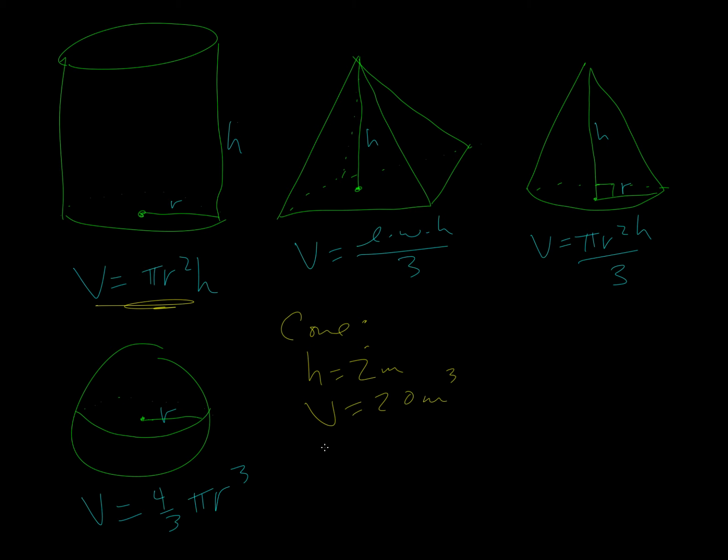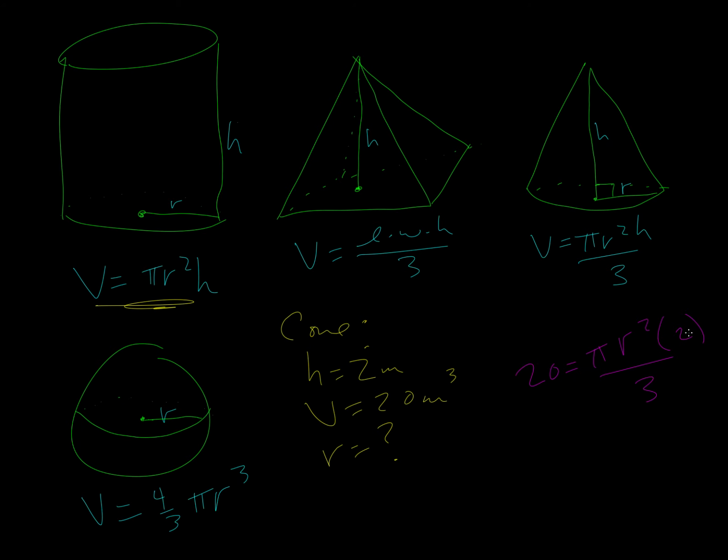And we want to know the radius. Since it's a cone, we use this formula. We know the volume, so it's 20 pi. We don't know the radius, and then we know we're multiplying that by 2, and that's all over 3.